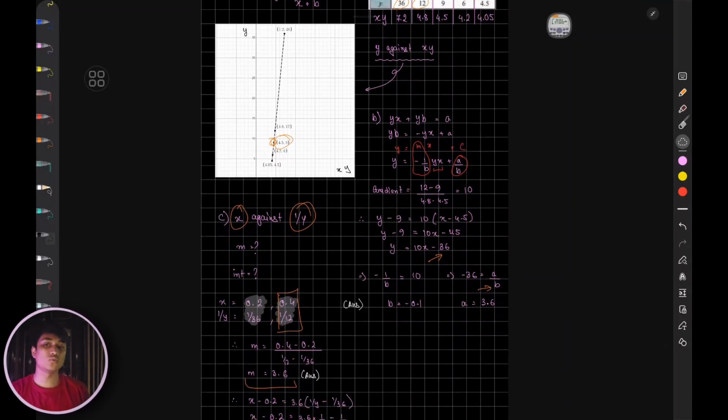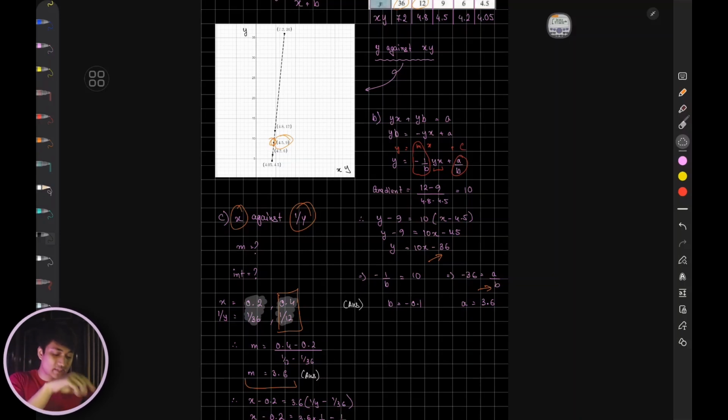That is, we need this straight line to be in terms of x and 1 by y. So I converted the y values into the reciprocal value and I found the gradient of x and 1 by y. So ultimately, by finding the gradient and taking any of the points, I found an equation. From that equation, I ultimately got the y-intercept.